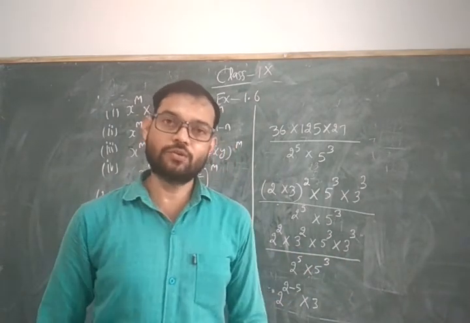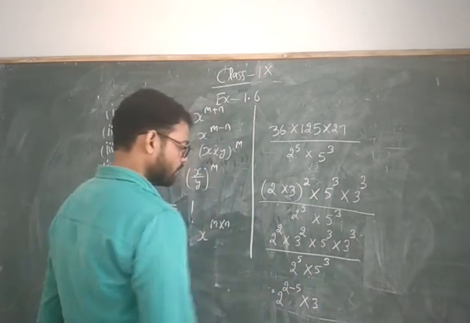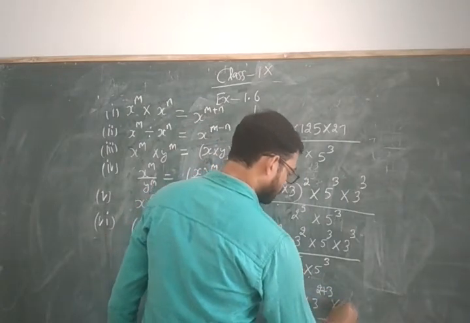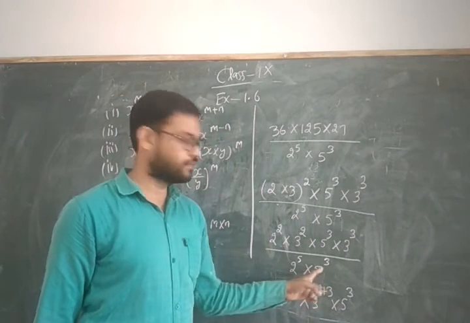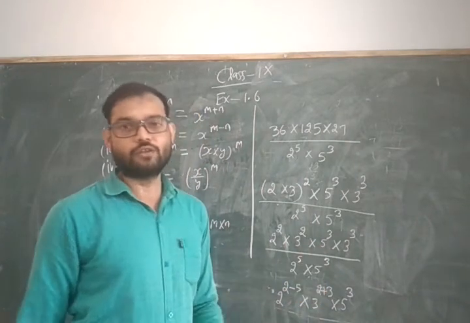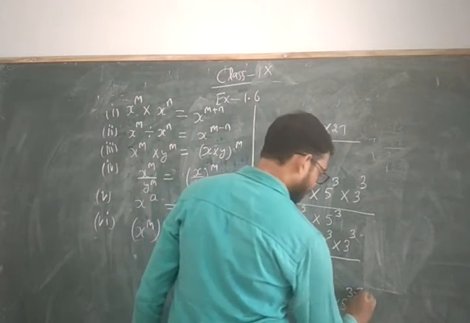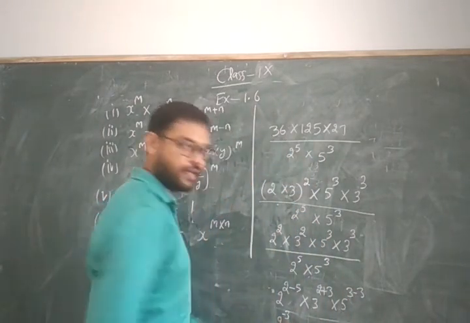If both are multiplying, you add their powers. So it becomes 3 raised to power 2 plus 3 into 5 raised to power 3, and in the denominator again there is 5. So these are dividing, and when dividing, you subtract the powers. So it becomes 3 minus 3, so it becomes 2 raised to power minus 3.